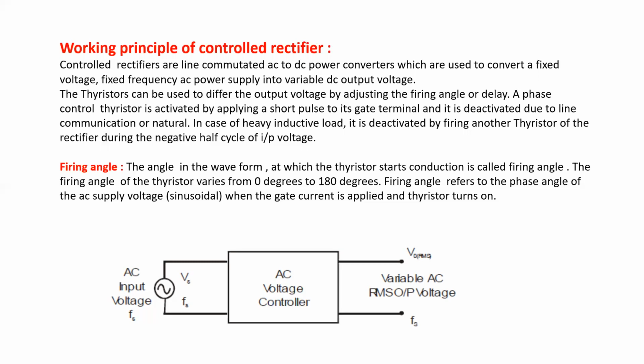The conduction angle is the angle during which the SCR remains in the on state. This circuit shows the concept of the rectifier, in which we apply the AC input voltage. A control circuit and a rectifier circuit are used, which gives us the variable output.